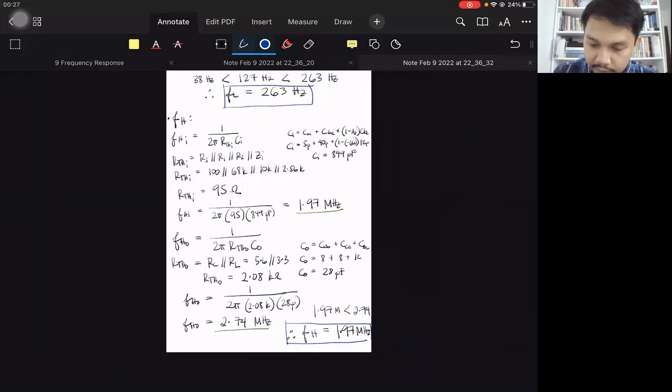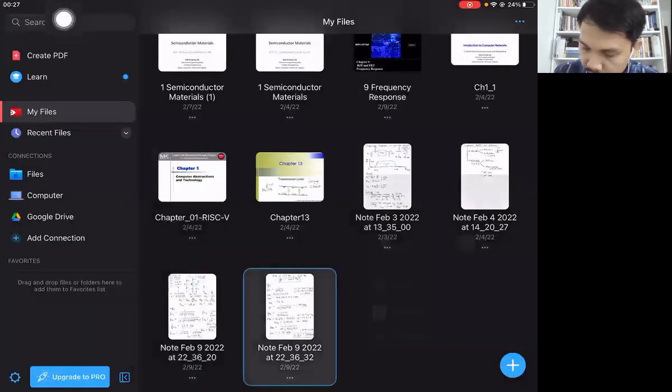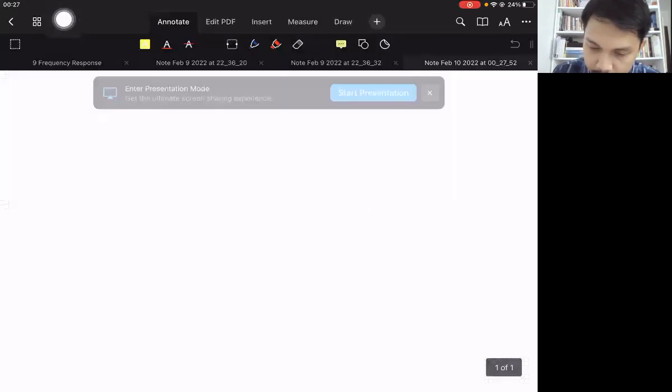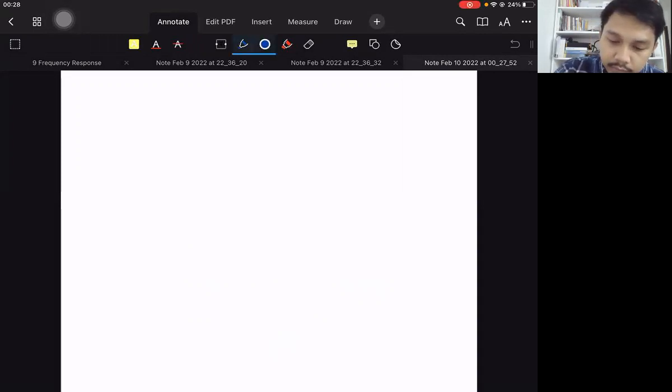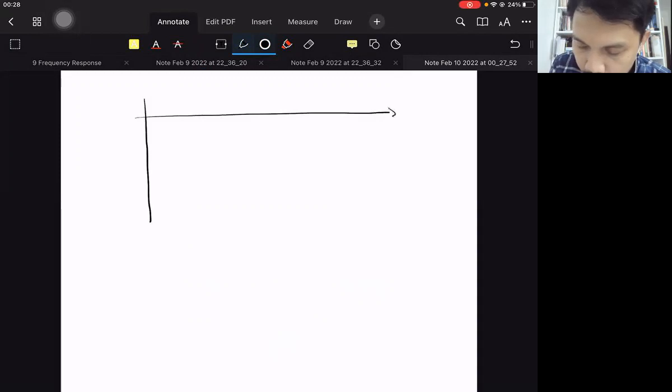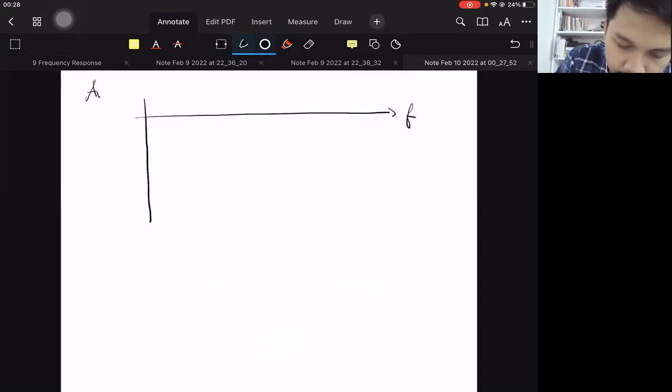Now we can see this on the Bode plot. Let's draw the Bode plot, frequency against dB. Just a general template: F, and AV in dB. This is 0, -3, -6.